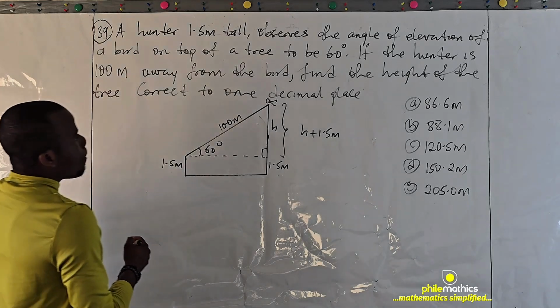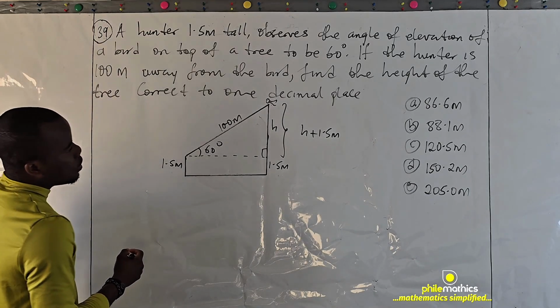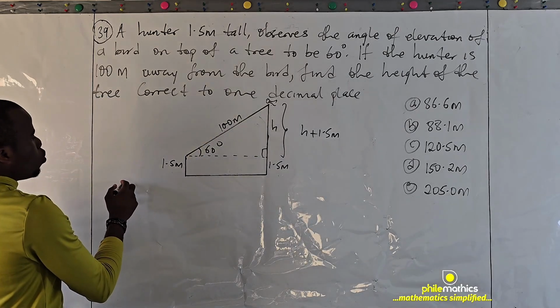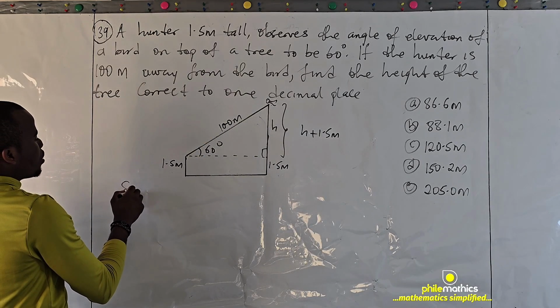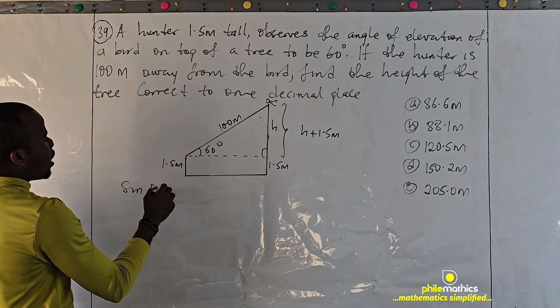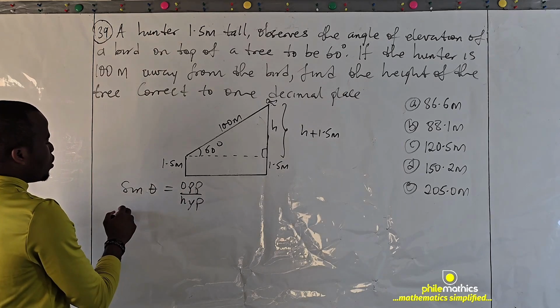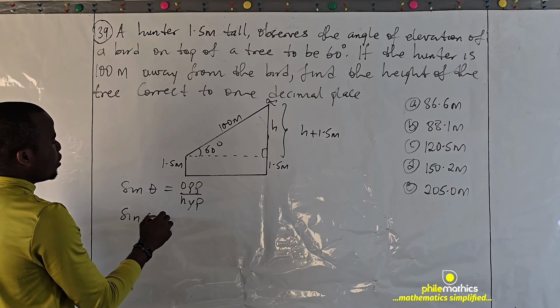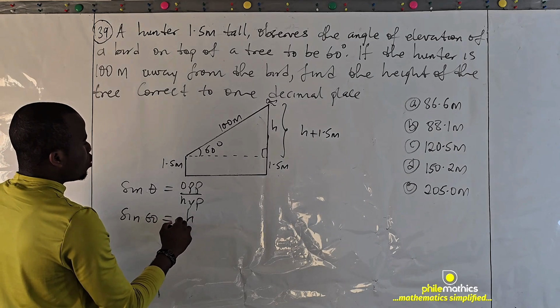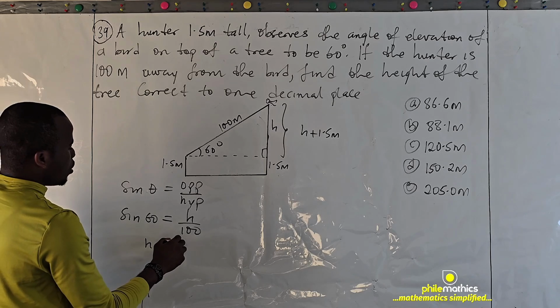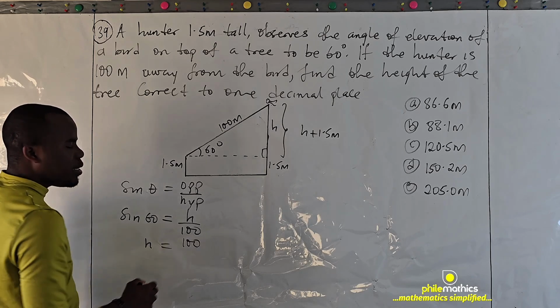And so we'll use opposite over hypotenuse, which is sine theta equals opposite over hypotenuse. Sine 60 is h over 100, and h is 100 sine 60.